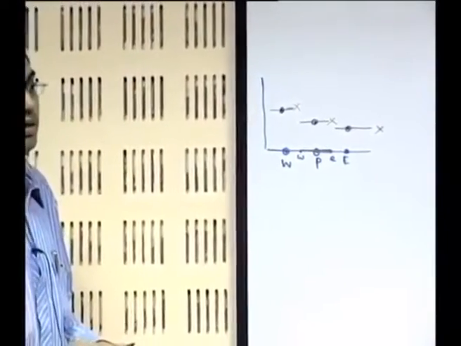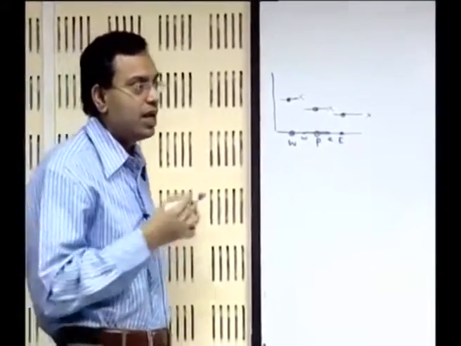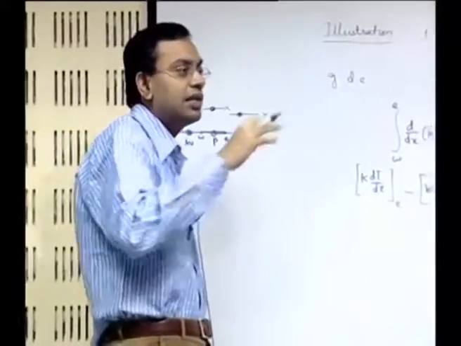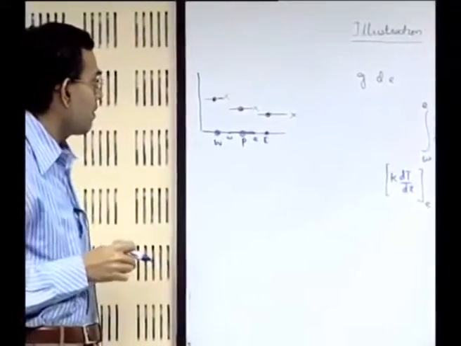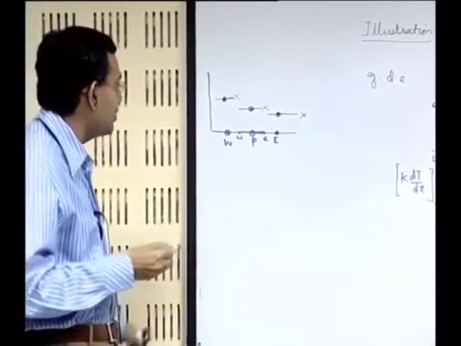Then what could be the next possible choice? Piecewise linear, not a constant. Constant is also linear, but I mean non-constant linear. So let us make a sketch of that one.